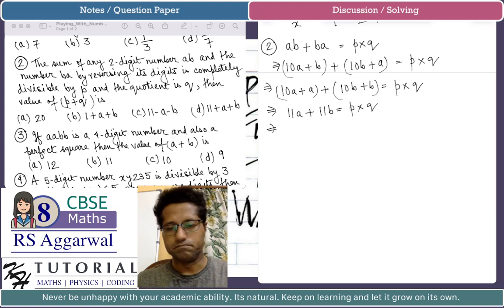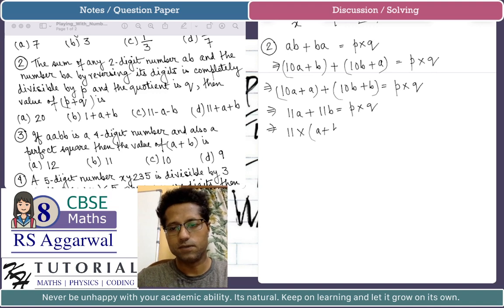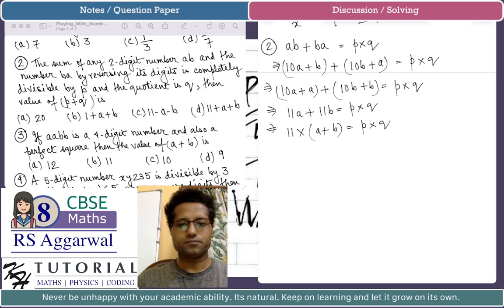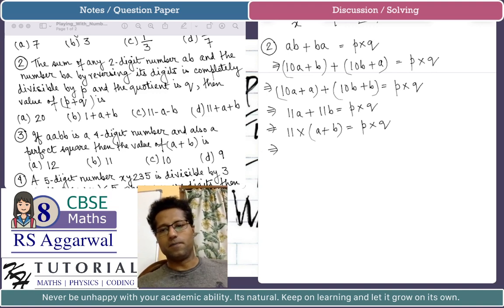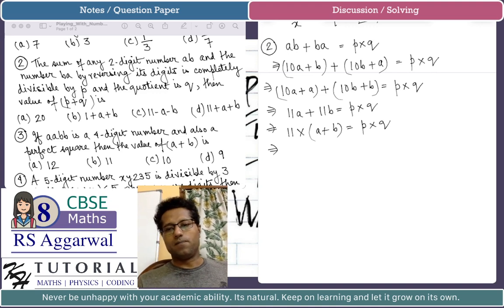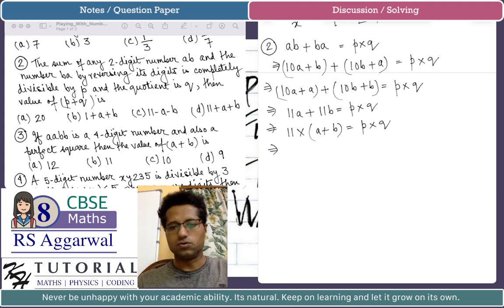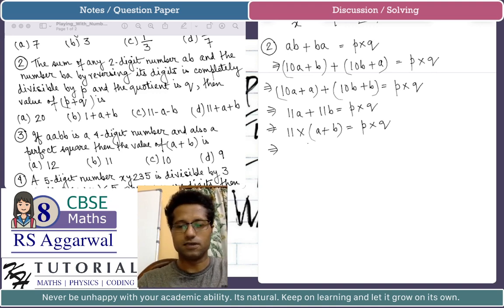After further simplification of the left hand side, I get 11 into A plus B is equal to P multiplied by Q. Now this implies definitely that P will be 11 and Q will be A plus B, or we can say P is A plus B and Q equals 11.